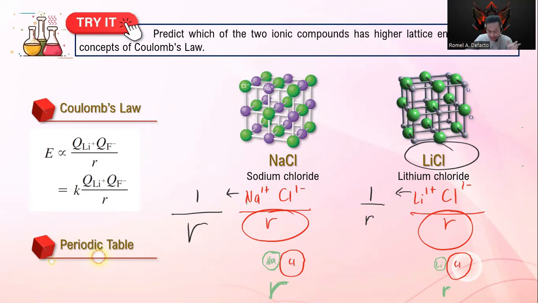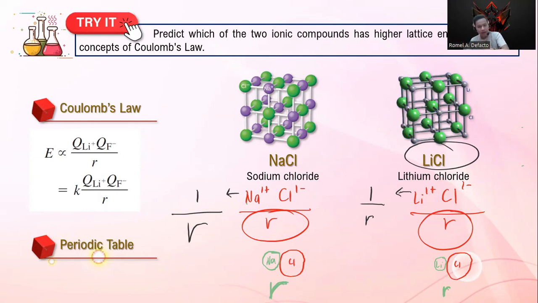So when we check the real value, according to Chemistry by Raymond Chang, 10th edition, the sodium chloride has a lattice energy of 788 kilojoules per mole, and the unit is kilojoules per mole because it's the amount of energy.